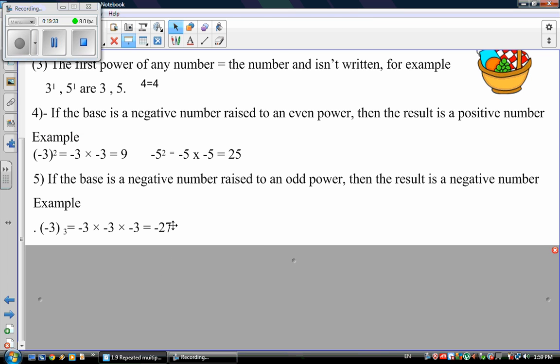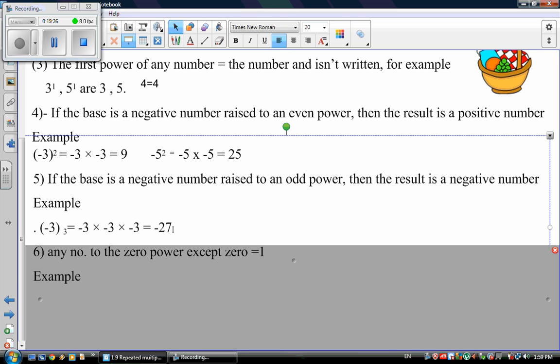Another one. I have another example. For example, negative 2 to an odd power like power 5. We know that if the base is a negative number and raised to an odd power, the result will be, sure, a negative integer.